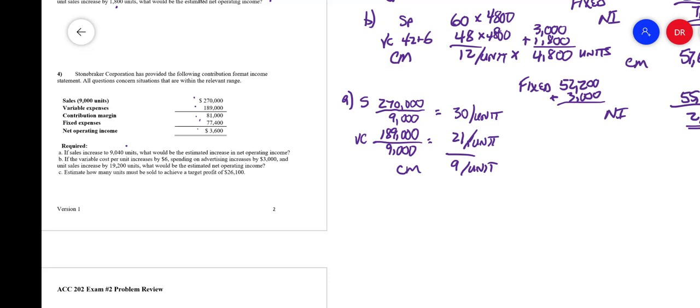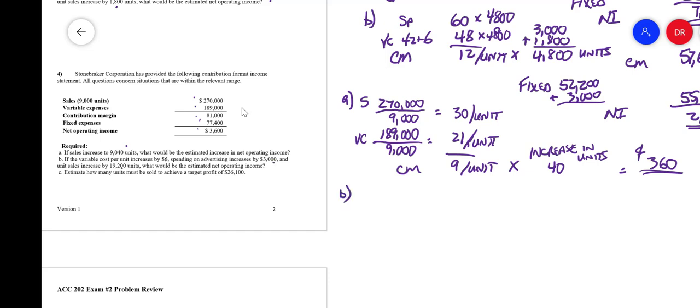So we can take this contribution margin times the increase in sales volume, which is going to be 40 units. That gives us a change in net income of $360 in total. So this will increase net income by $360 under Part A.